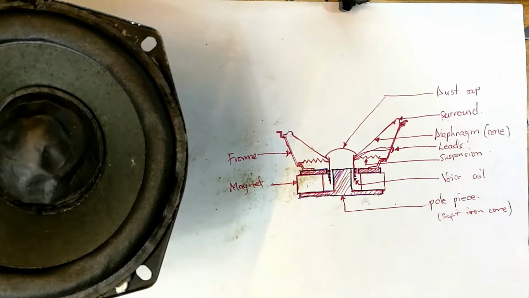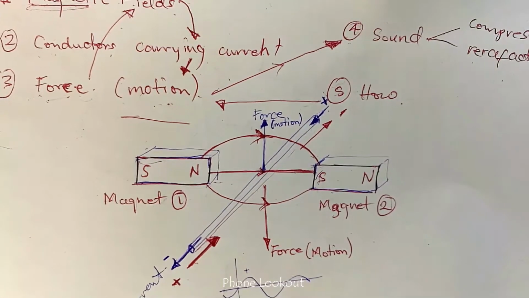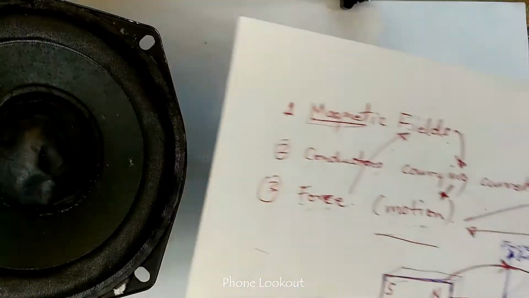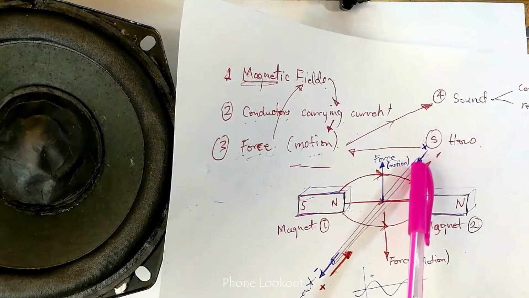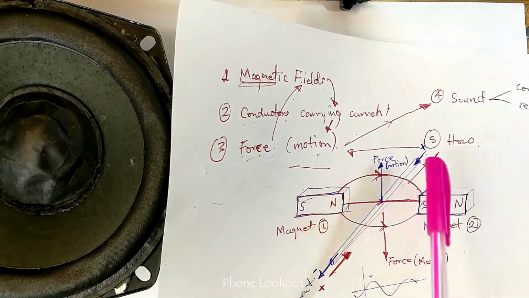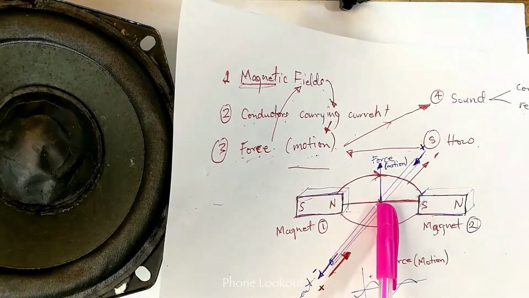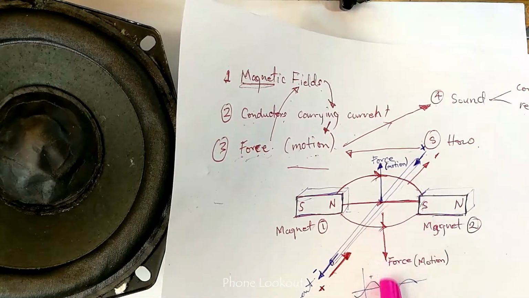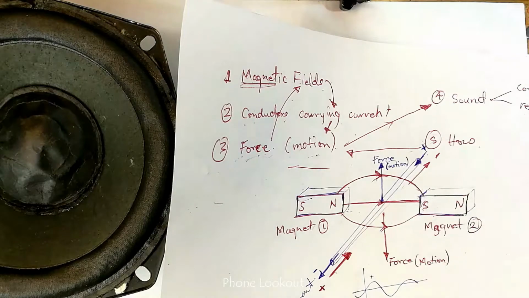So how do we convert the motion of a conductor in a magnetic field into sound? We have a conductor in a magnetic field, current is driven through it, and the conductor experiences a force depending on the direction of the current, either upward or downwards.